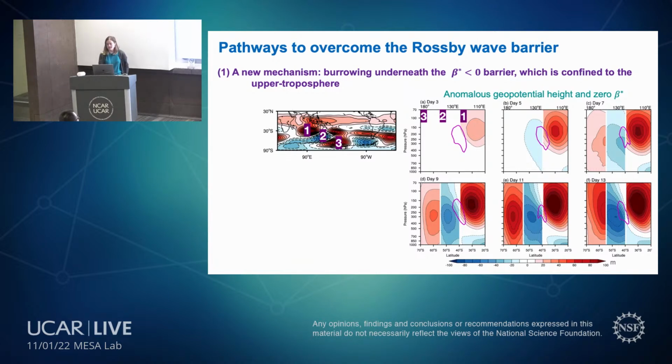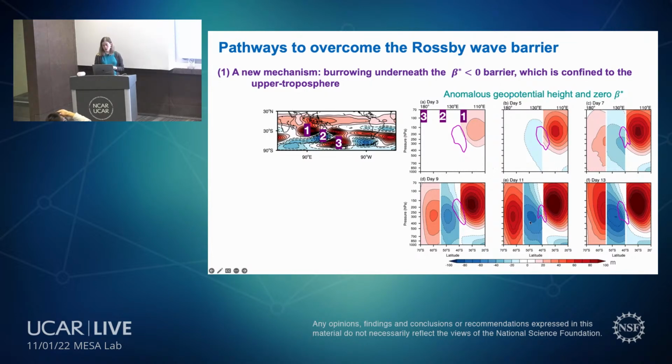What we see here, looking at the evolution for just the 13 days, is that the development of this anticyclonic anomaly in the subtropics largely occurs in the upper troposphere, at levels above or in line with this negative beta star region, shown again by the magenta contours. And it's strongly baroclinic, so we have different signed anomalies at the surface.